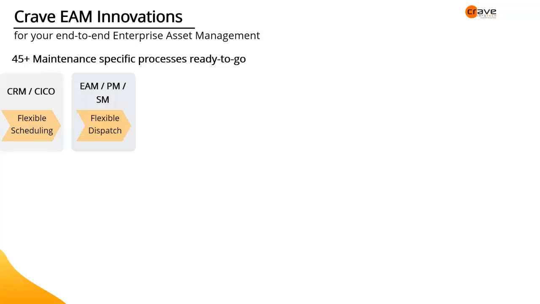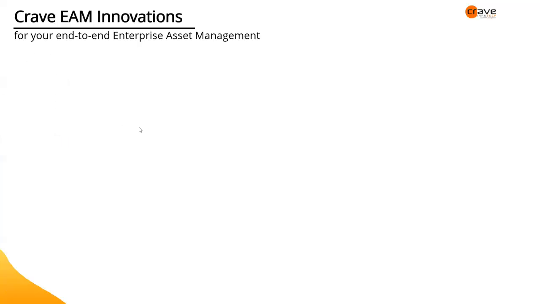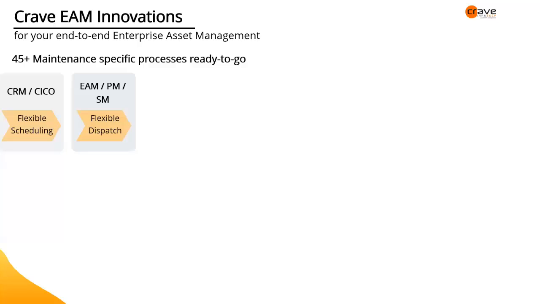This is another representation of what we have. If it is customer facing, then you have flexible scheduling. Once the scheduling is done, we have a tool for flexible dispatch. This is a very simple tool.